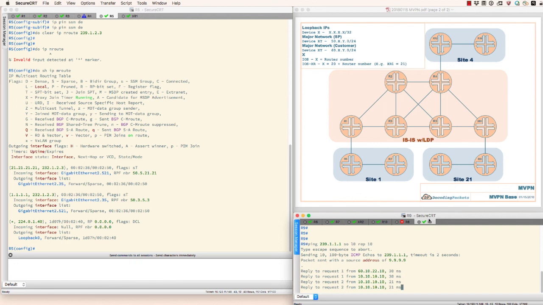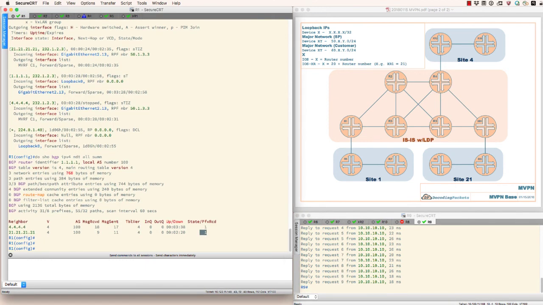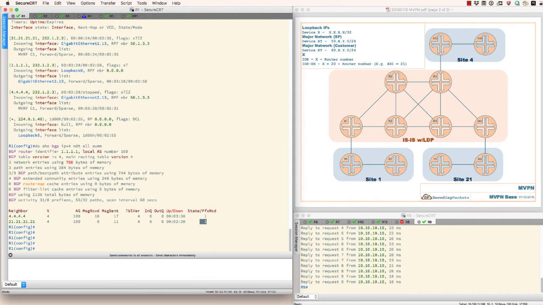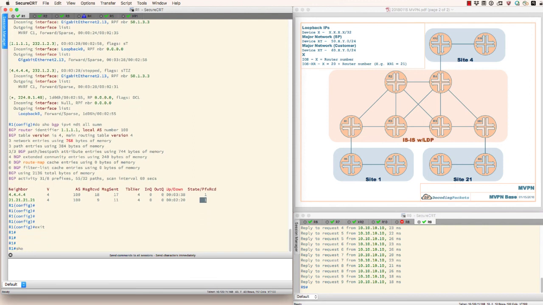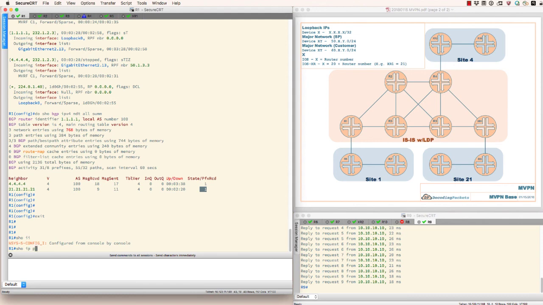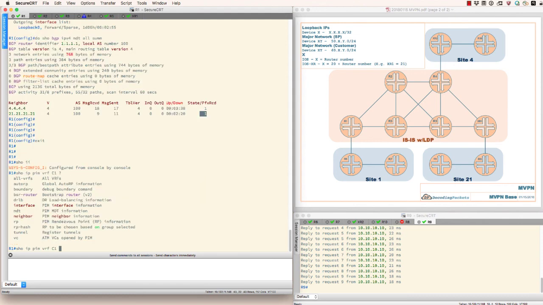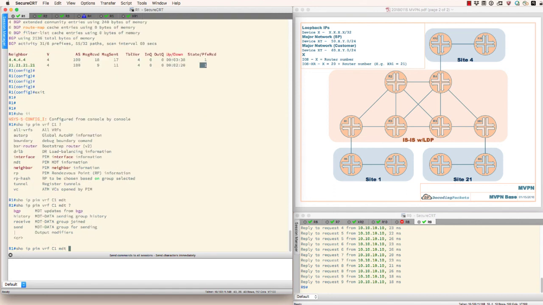So the multicast core is working exactly the same way, but with a lot less state. So there is no star comma G state right now in our core at all. Now, before I leave you, there is one more command that you would want to see, and this is more for troubleshooting purposes. The command is show IP PIM VRF, inside the VRF MDT BGP.